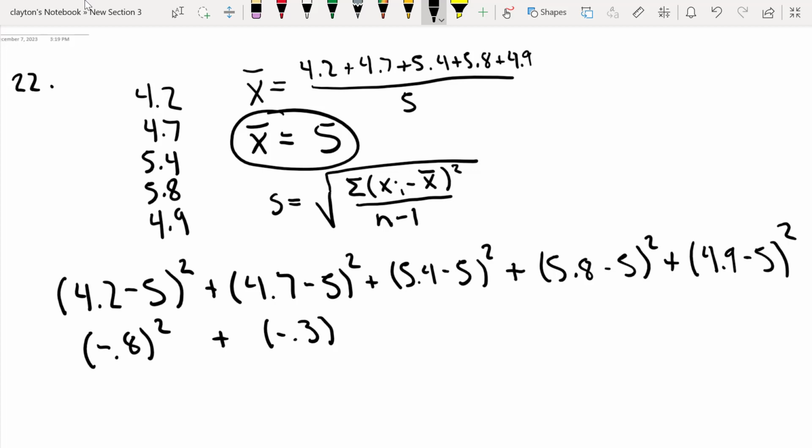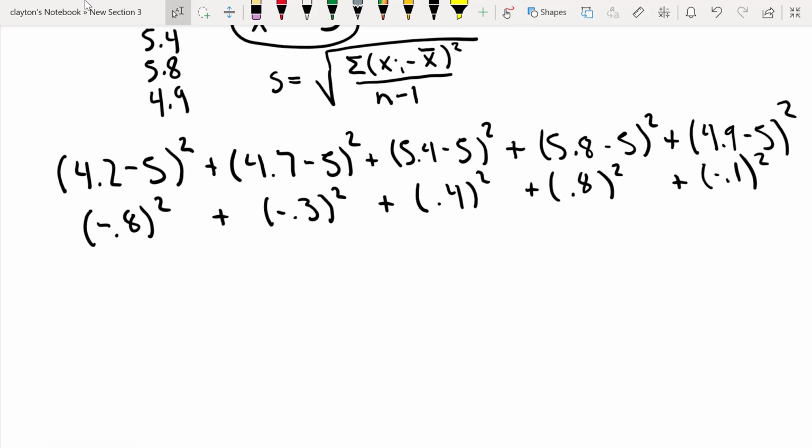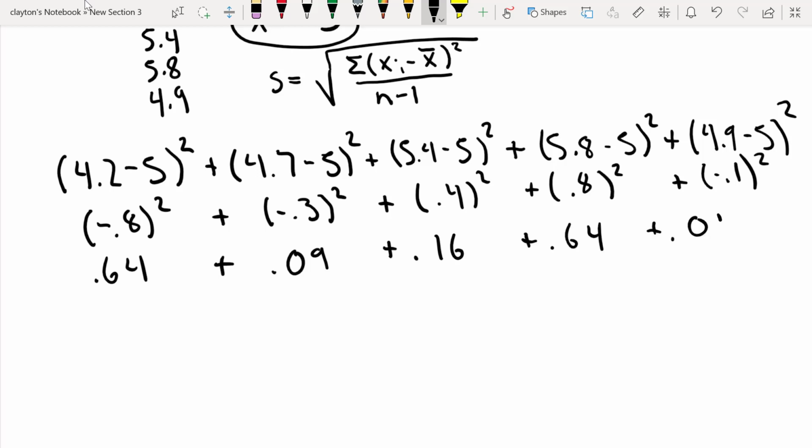Now the negative really doesn't matter here, we're going to square everything. Plus 0.4 squared plus 0.8 squared plus negative 0.1 squared. I'll take it a step further: 0.64 plus 0.09 plus 0.16 plus 0.64 plus 0.01.